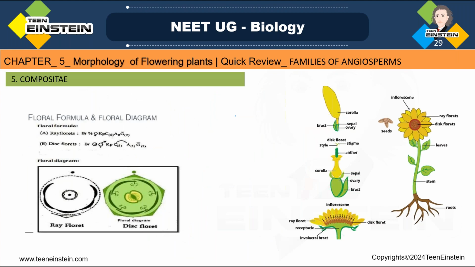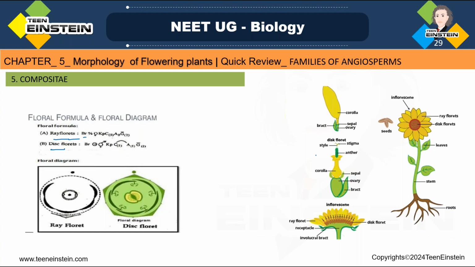In Composite family also, in the family of sunflower and all, you need to write the floral diagram. About disc floret and ray floret also you need to write. In both, what and all you can see in disc floret, what and all you can see in ray floret, you need to write separately.